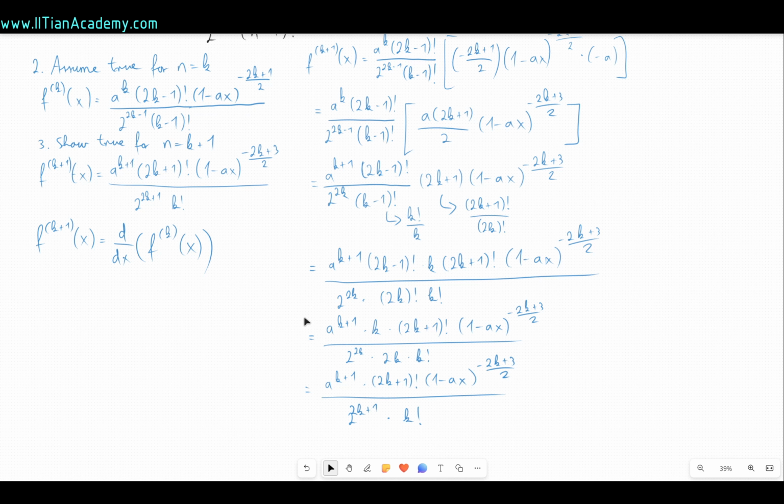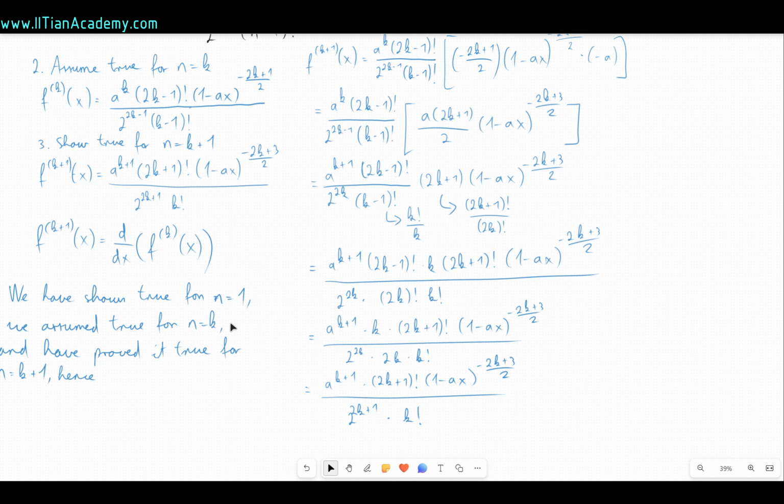So what we can do now is write our final statement for what we need to write for mathematical induction. So we have shown true for n equals 1. We assumed true for n equals k and have proved it true for n equals k plus 1.